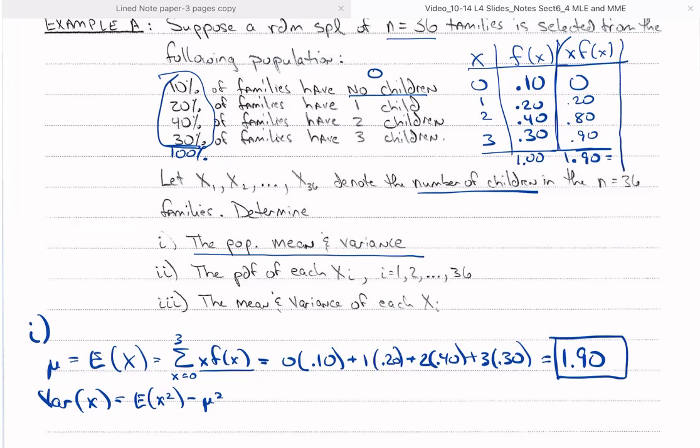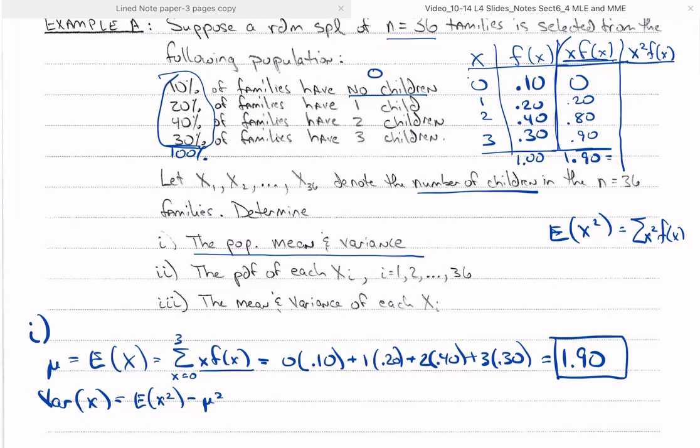Now what we'll do is x squared f of x. Why? Because E of x squared is equal to the sum of x squared f of x. I've already got x times f of x here. If I multiply that by x, then that is x squared f of x.